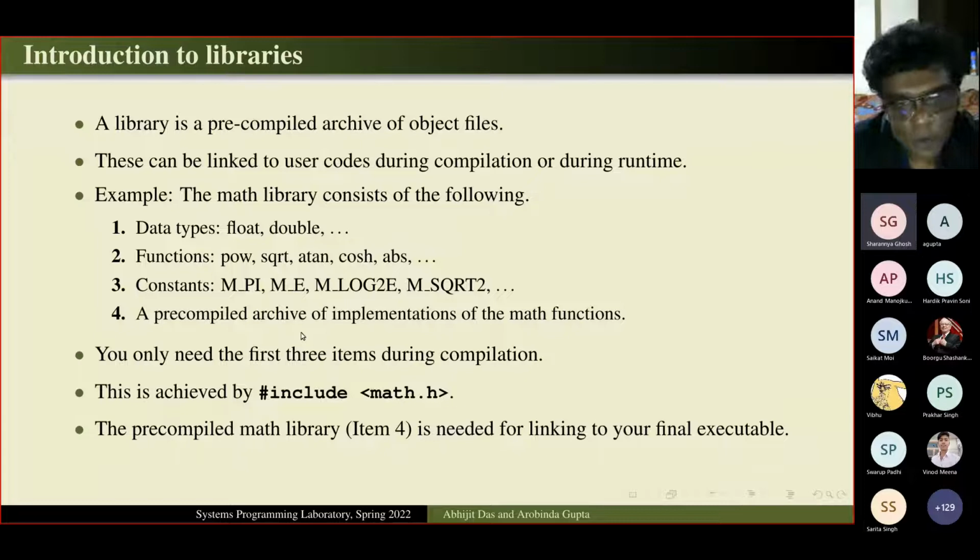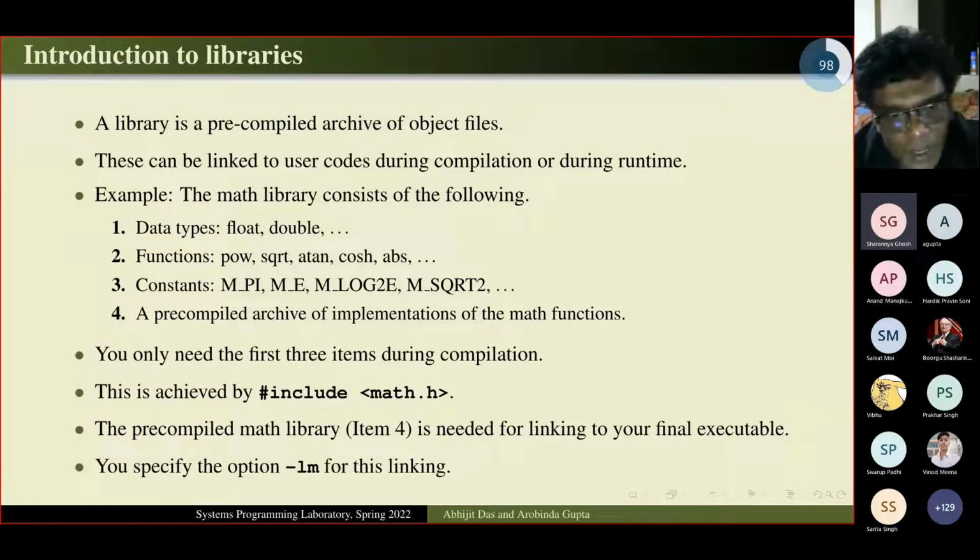This is item 4, only for linking to your final executable. And that linking may be static or dynamic. Okay. And you specify the option -lm for the compiler to know that you are asking for the linking to these external functions. The definitions are external.